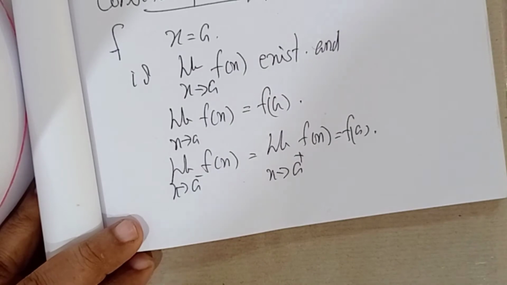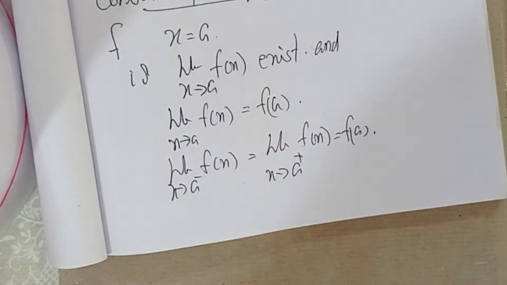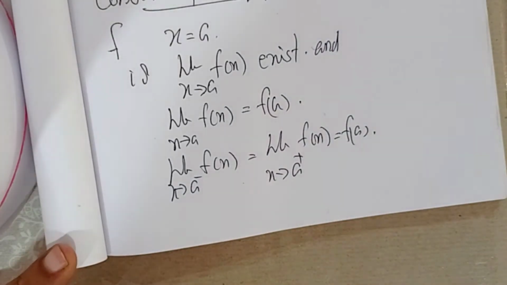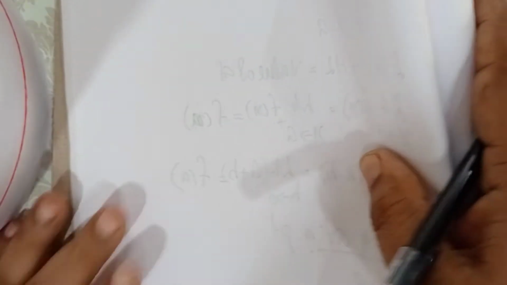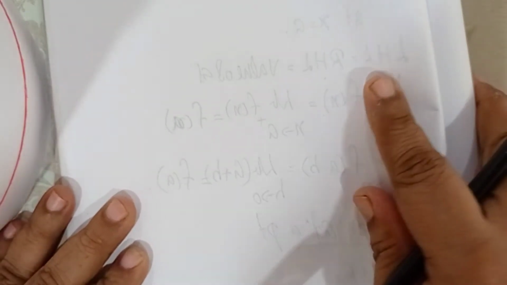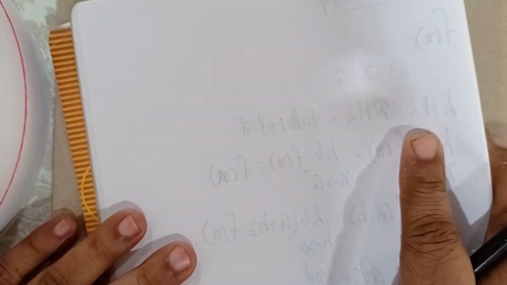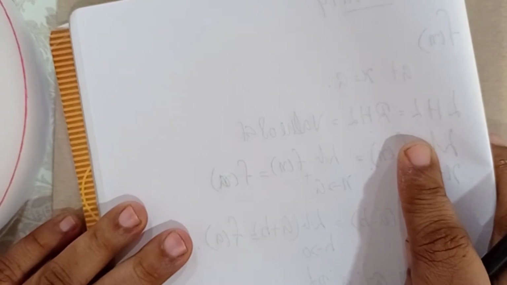Then, how can you define discontinuity? What's the meaning of discontinuity? Write the heading discontinuity. If the function f is not continuous at x equal to a, then f is said to be discontinuous at x equal to a.